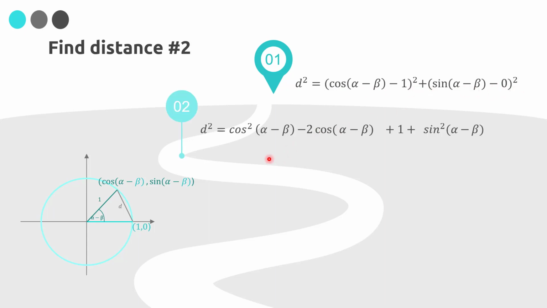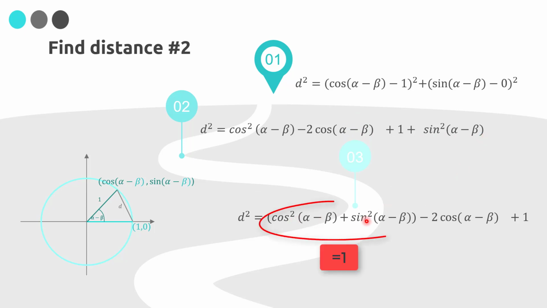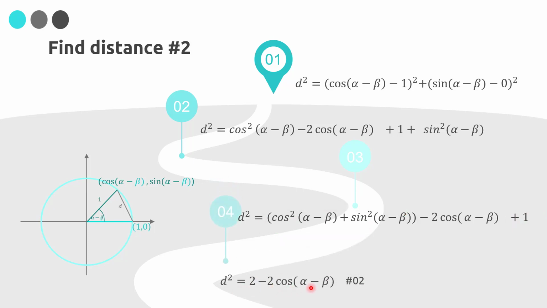Then, we expand: cos squared(alpha minus beta) minus 2 cos(alpha minus beta) plus 1 plus sin squared(alpha minus beta). Next, we collect the cos squared and sin squared together to get 1 and add with this, so we have 2 minus 2 cos(alpha minus beta) as the second equation.